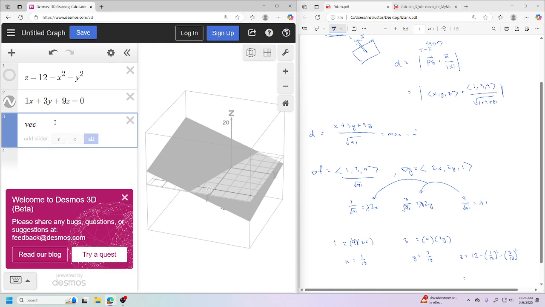You have to say vector. Oh, like this? Parentheses? You have to have the start point and end point. If you hover over the exclamation point, it'll tell you what it is.